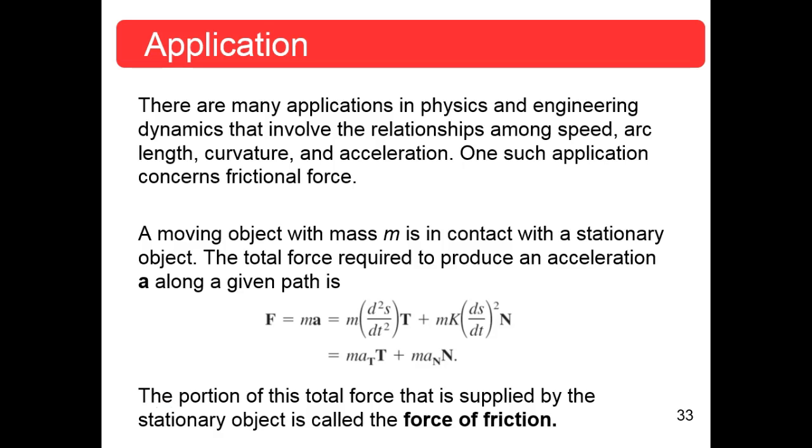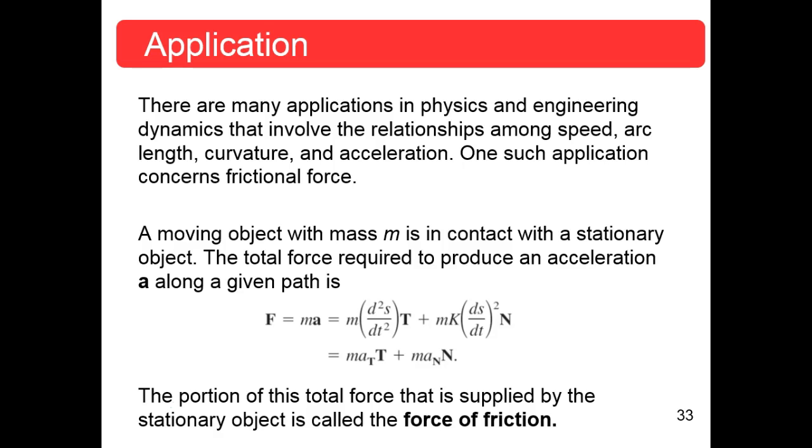So here's the application. There may be many applications in physics and engineering dynamics that involve relationships among speed, arc length, curvature, acceleration. One such application concerns frictional force. A moving object with mass m is in contact with a stationary object. The total force required to produce an acceleration a along a given path is F equals ma, Newton's second law.